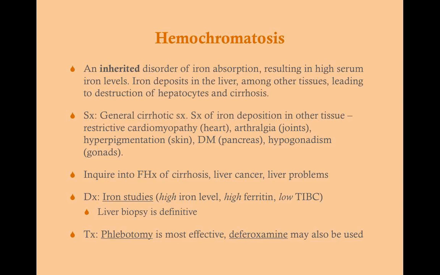So you could see restrictive cardiomyopathy from iron deposition and inflammation in the heart. You could get arthralgia from iron deposition in joint tissue. You can get hyperpigmentation from deposition in the skin. Iron can deposit in the pancreas, and that can cause diabetes. You can get hypogonadism, and that's from deposition in the gonads.